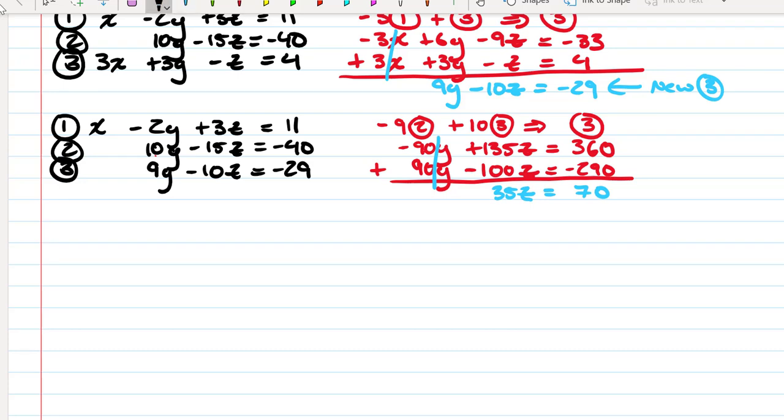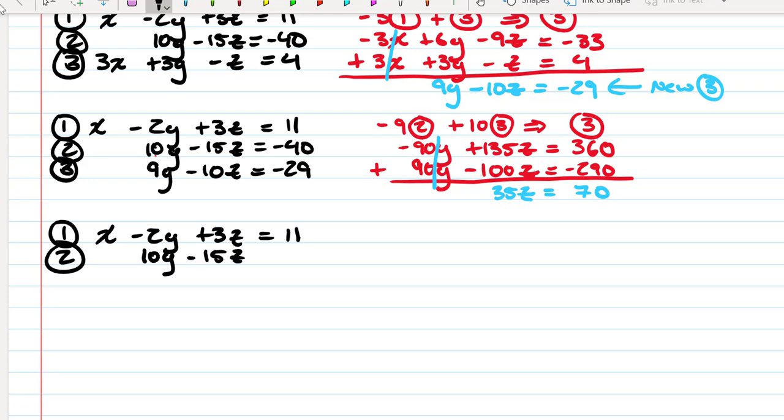So finally, we now have our new system. Equation 1 didn't change, so that's x minus 2y plus 3z equals 11. Equation 2 didn't change. We were only replacing equation 3, so we have 10y minus 15z is equal to negative 40.